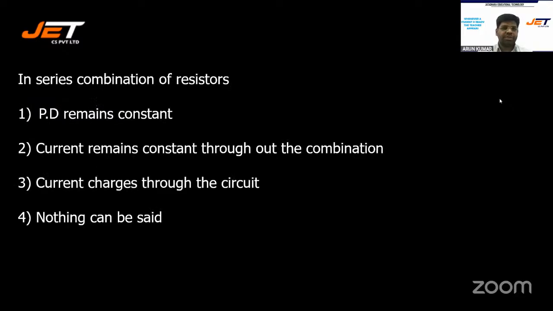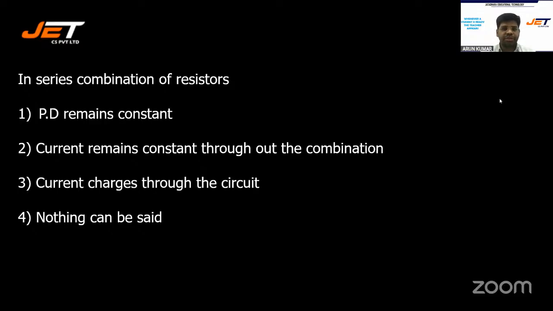Okay, next one. In series combination of resistors, potential difference remains constant. Current remains constant throughout the combination. Current changes through the circuit. Nothing can be said. In a parallel combination, students, potential difference remains constant.